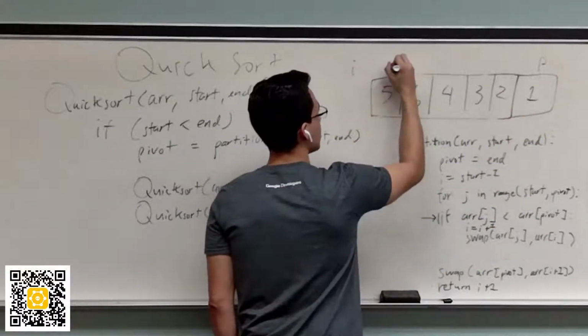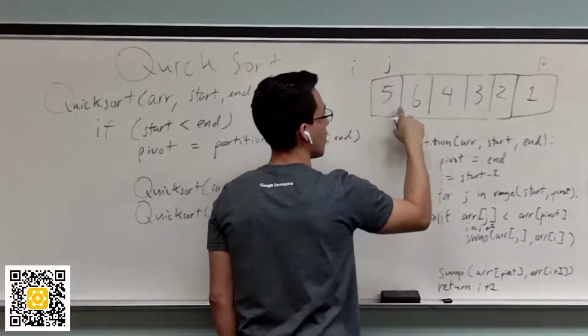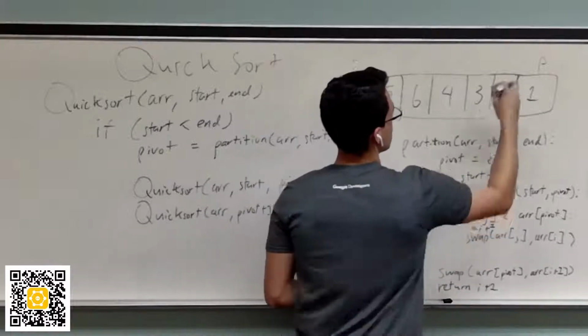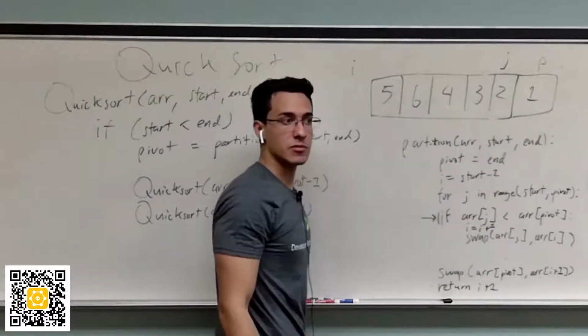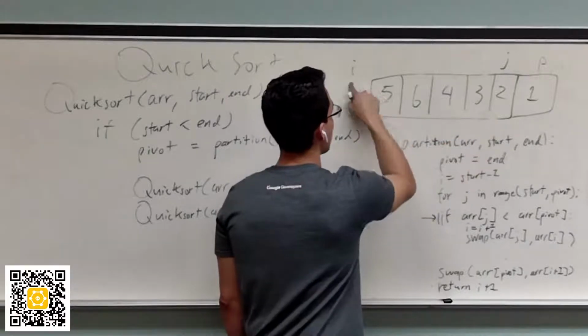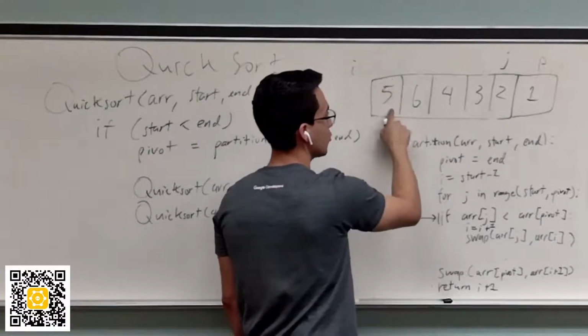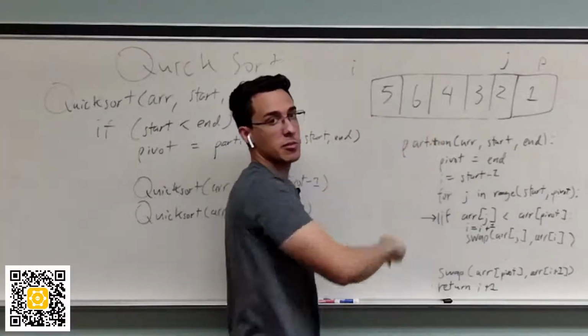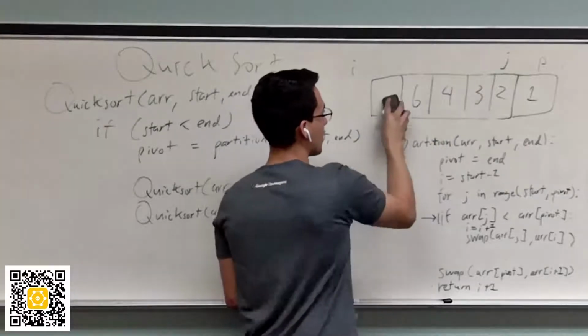Here's I. Here's J. All the numbers are greater than, so you just move J here, right? And you see that the one after I is greater than the pivot. So see, I is always before a value greater than the pivot. Then you swap it out.